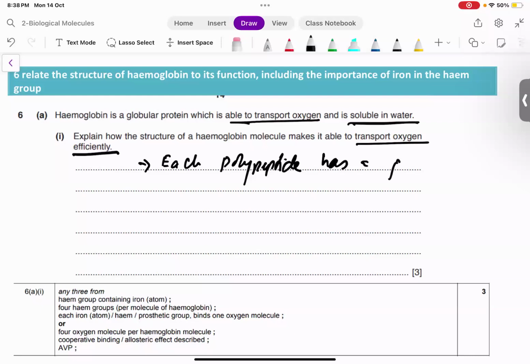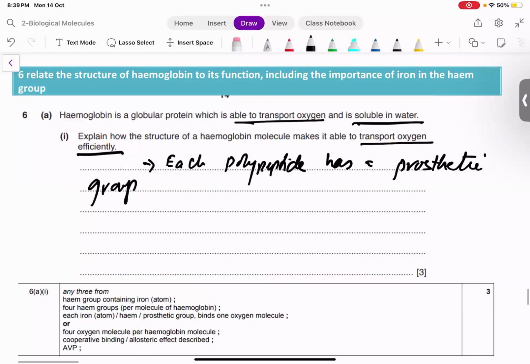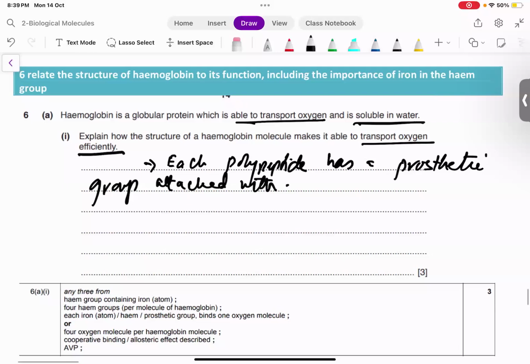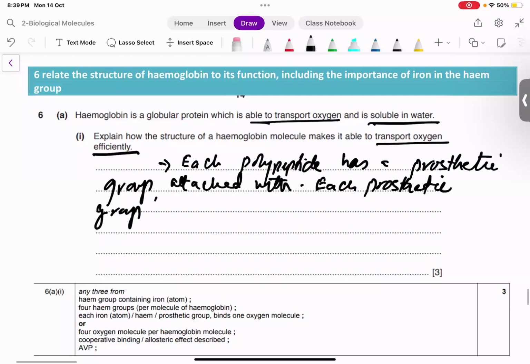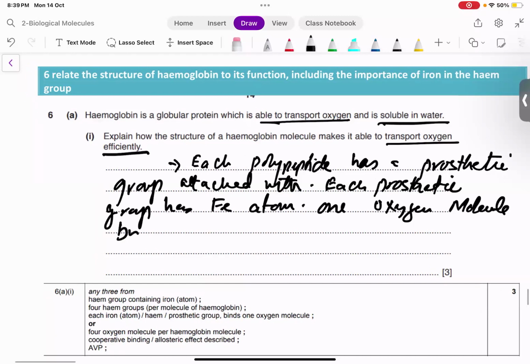has a prosthetic group attached with it. And each prosthetic group has an iron atom, and one oxygen molecule binds with one iron atom.